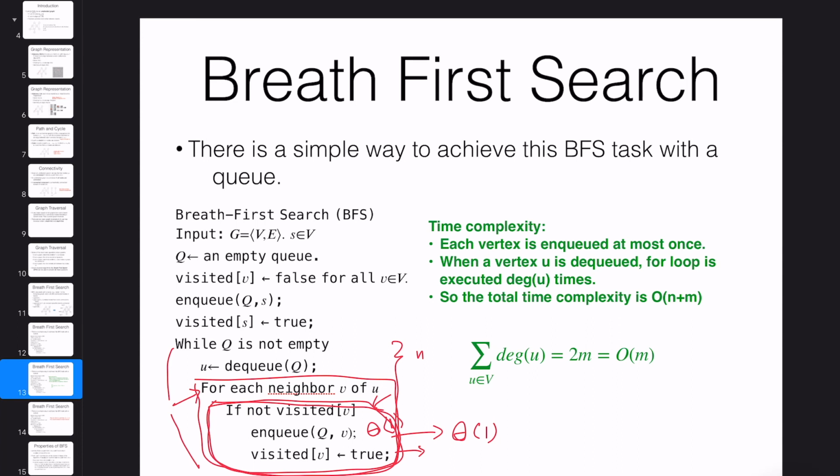For example, if there is an edge between U and V, once for U you will check V as a neighbor, and once for V you will check U as a neighbor, right? So in total, this if statement will be executed 2 multiplied by the number of edges. So in total, this is going to be executed O of M, where M is the number of edges.